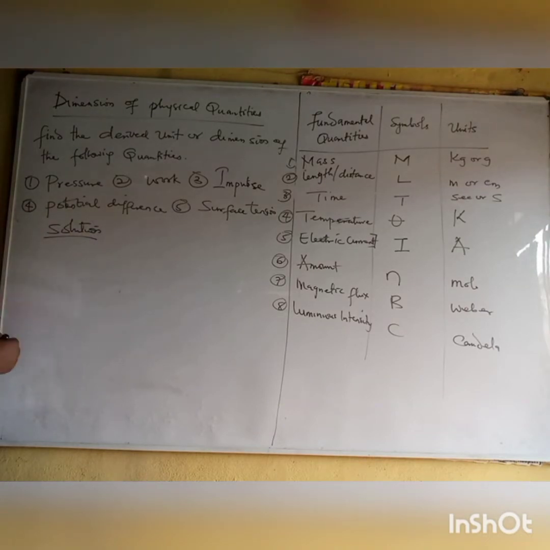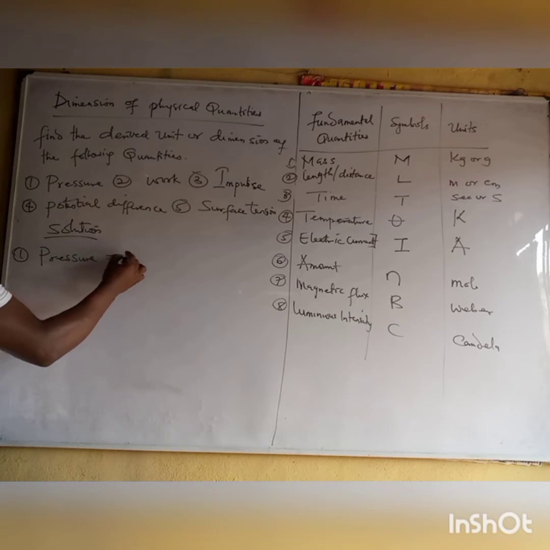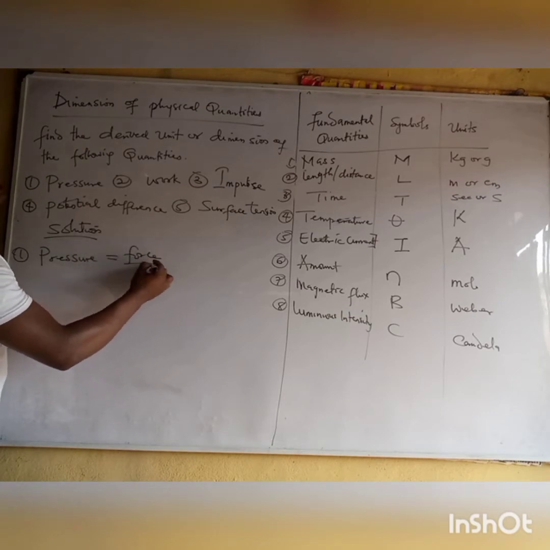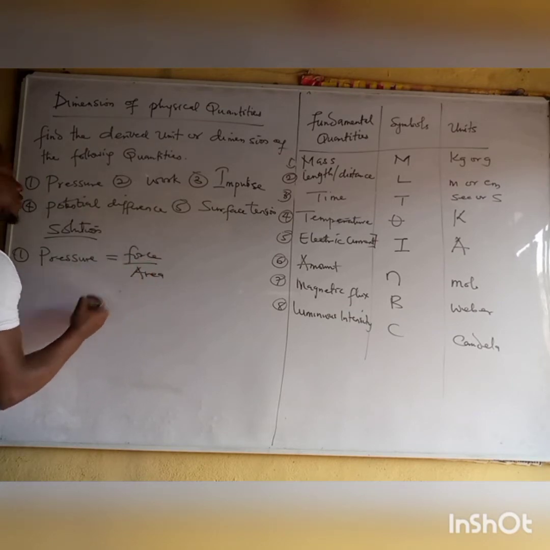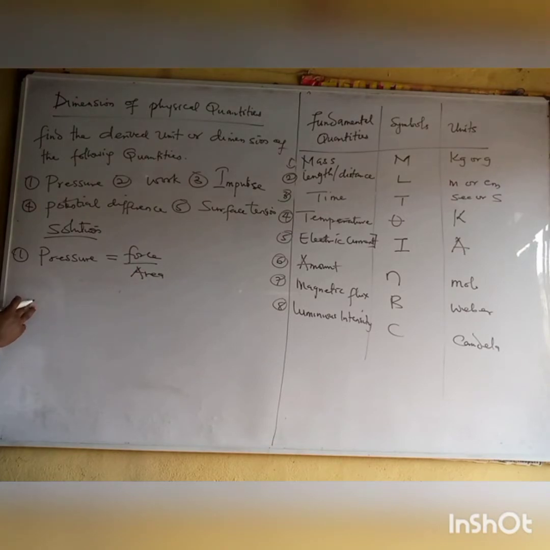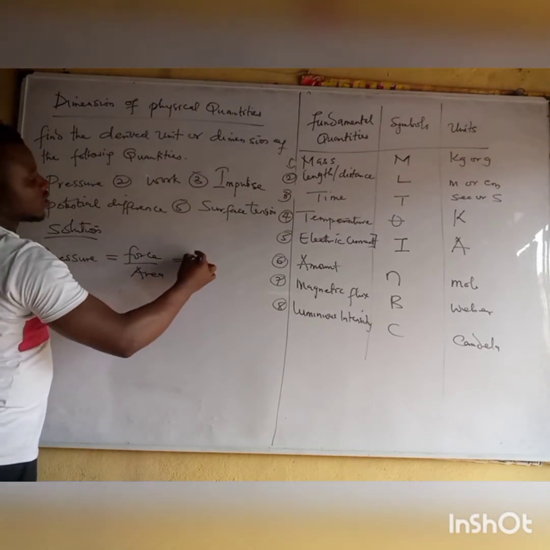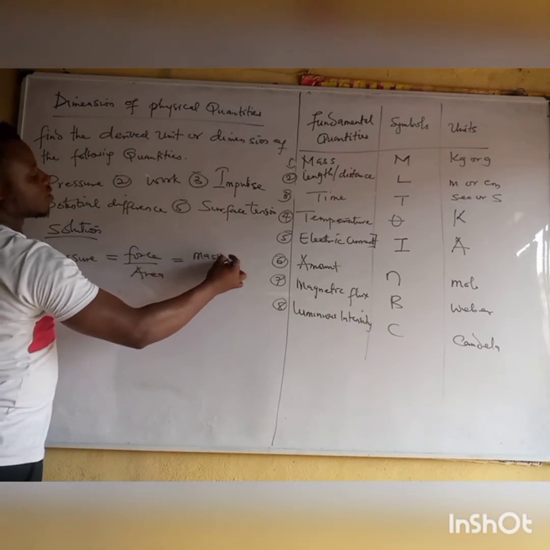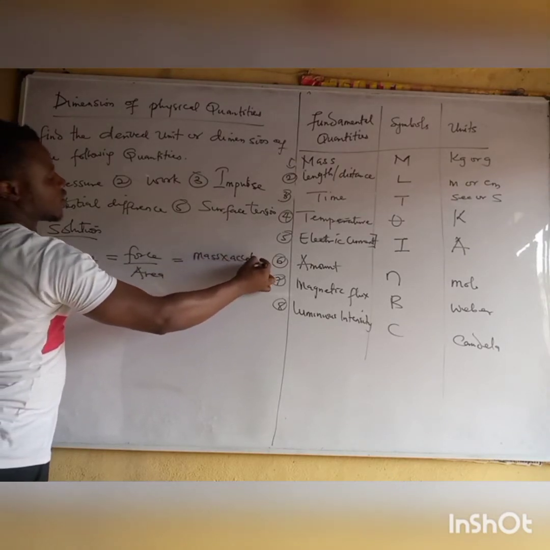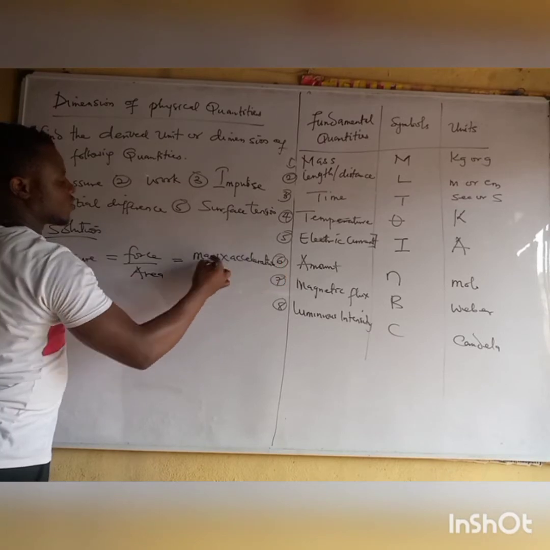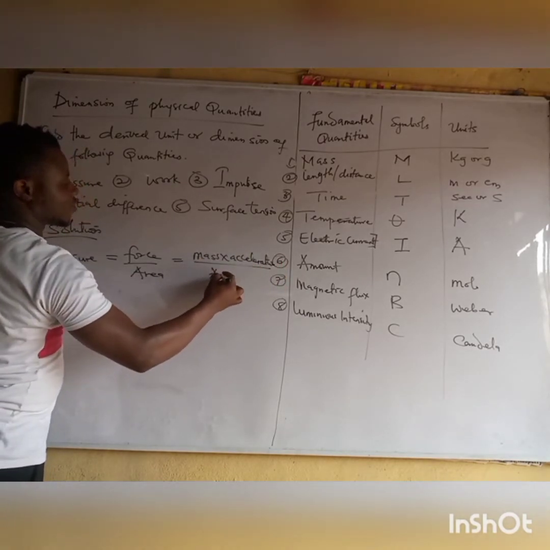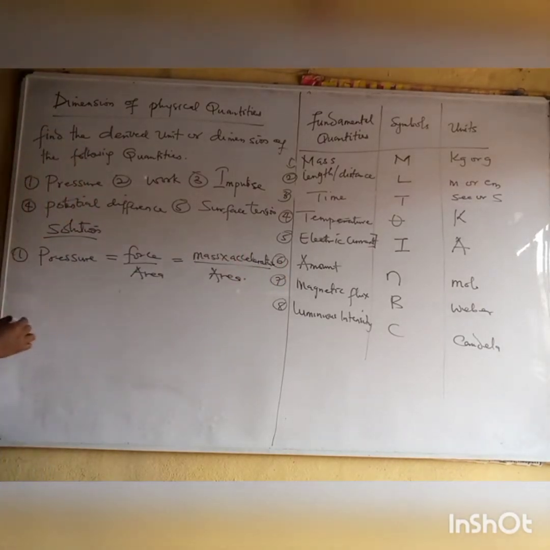Now when we start, number one is pressure. The formula for pressure is force over area. Remember that force is mass times acceleration, over area.